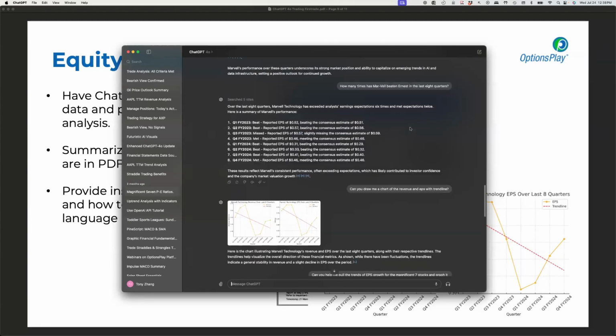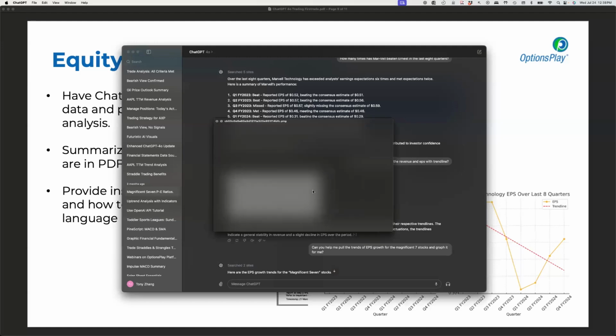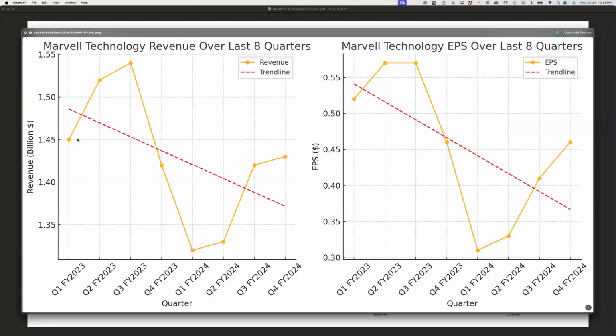And eventually I asked, can you draw me a chart of the revenue and EPS trend lines? And it shows me the Marvell Technology revenue over the last 8 quarters, the EPS over that same 8 quarters, and the overall trend. As you can see, revenue is trending lower over the last 8 quarters, and EPS is trending lower too.